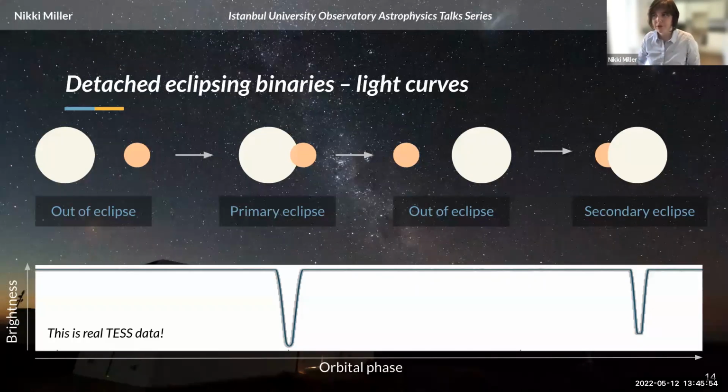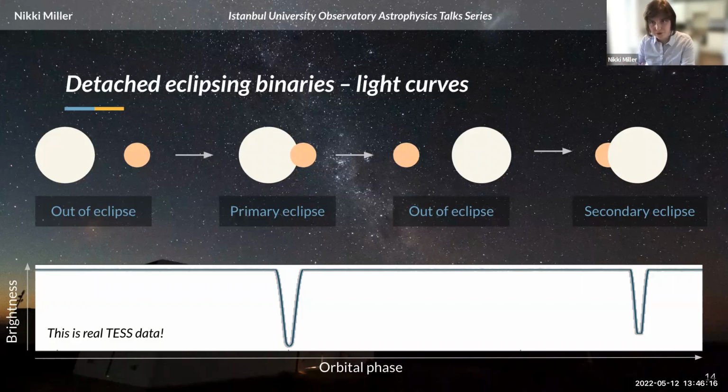So eclipsing binaries, by the name, they have eclipses. This is a quick diagram of what we see. You usually have a primary and a secondary eclipse if you have two FGK type stars. And this light curve down the bottom is real test data with a model on it.